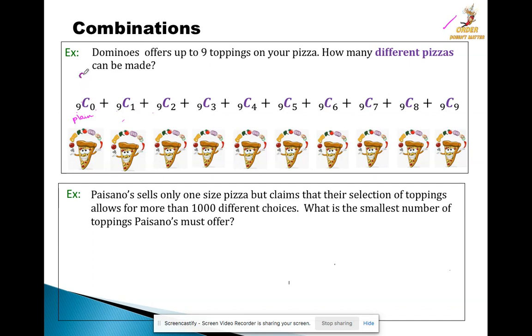I'm actually going to write out the formula here, so you can imagine what's happening all the way down.